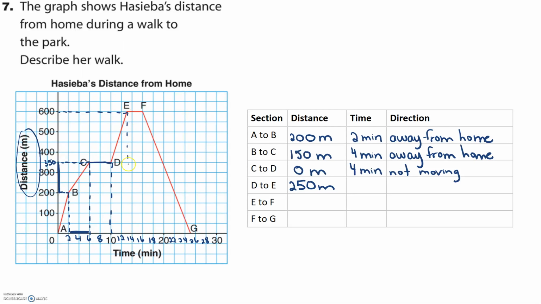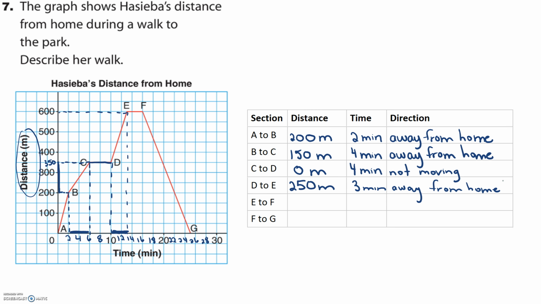Oh, this is interesting because E is right in the middle, and right in the middle means that it's 13 minutes. So from 10 minutes to 13 minutes, it's actually 3 minutes. And again, she's moving away from home. The line keeps going up. So she's basically moving away from home for about 13 minutes in total.